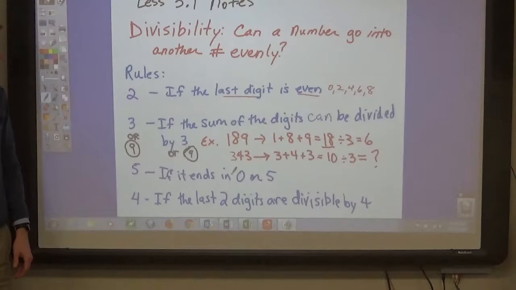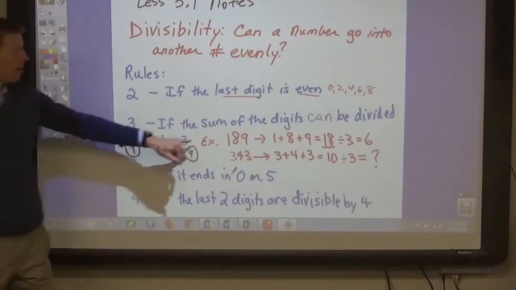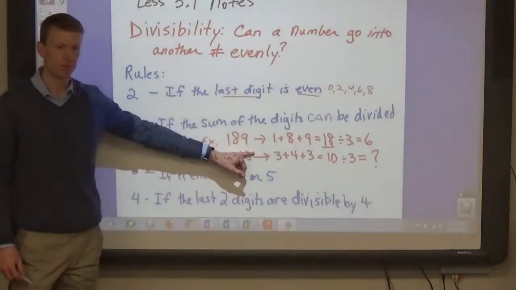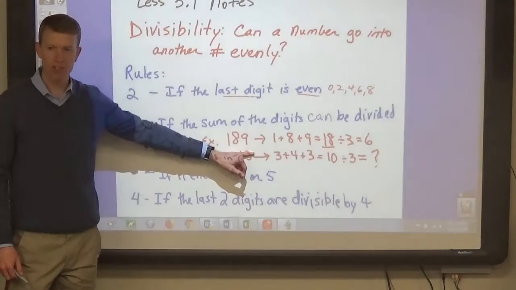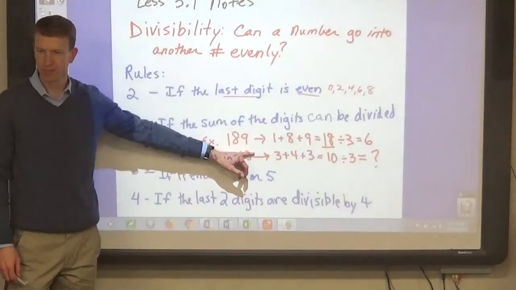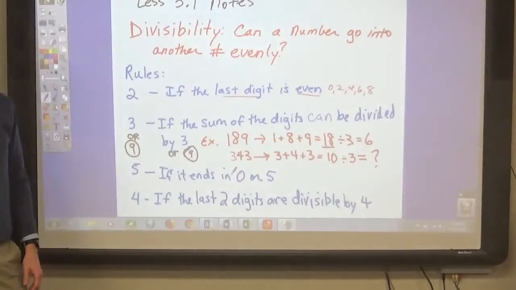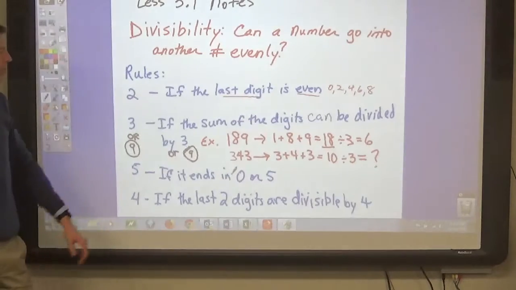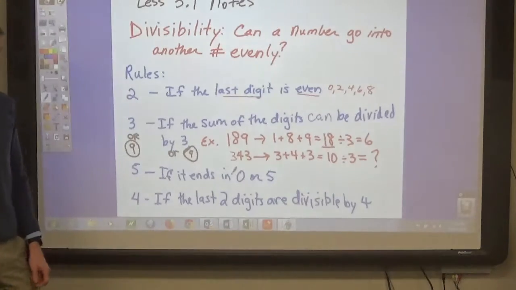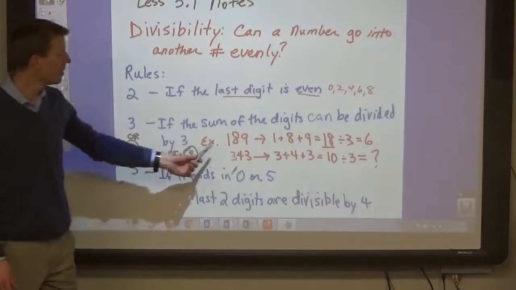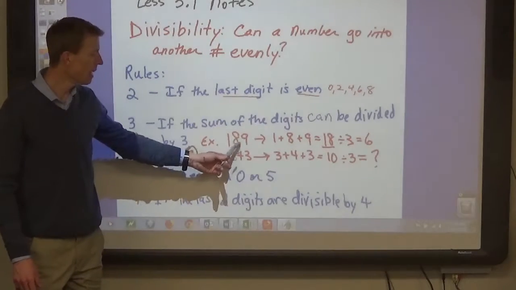So, for example, the number 189. Is that number divisible by 3? Yes, and how do you know? What you would do is find the sum of the digits. The sum of the digits would be 1 plus 8 plus 9.